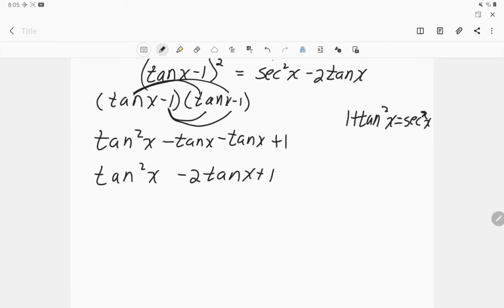So I have a tan squared x and a plus 1. I can replace this with secant squared x, and then I have minus 2 tan x, which, by the way, is what that side is. So I have turned the left side into what the right side says. And that's what they want you to do.